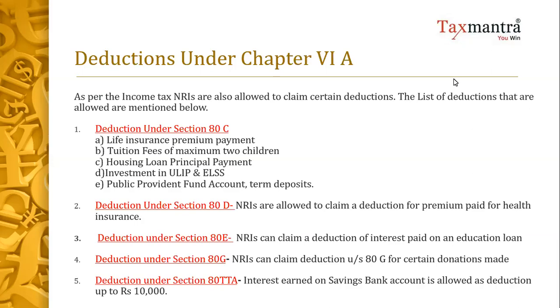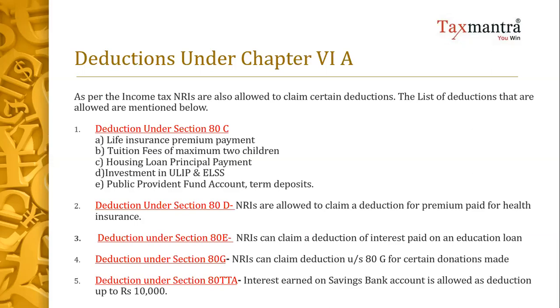They are life insurance premium payment, tuition fees paid for children up to a maximum of 2 children, housing loan principal payment, investment in ULIP and ELSS funds, investment in public provident fund, and term deposits. Here, term deposit basically means the fixed deposits which are made for more than 5 years. They are eligible for deductions under section 80C for non-resident individuals.